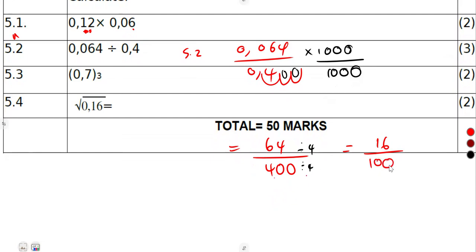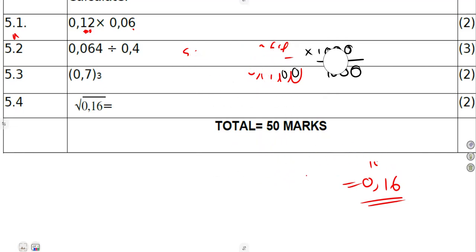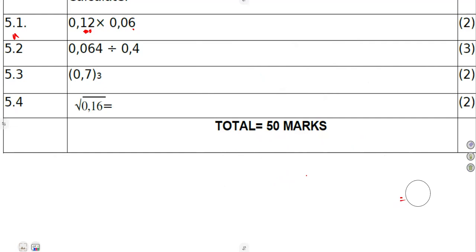That's going to be 100. Then move 2 decimal places to the left. 1, 2. So that's going to be 0,16. All right, you can just have it that way. You target to have a 100 by dividing by this 4. So many ways that you could have answered this one. All right, just use the way that you understand.